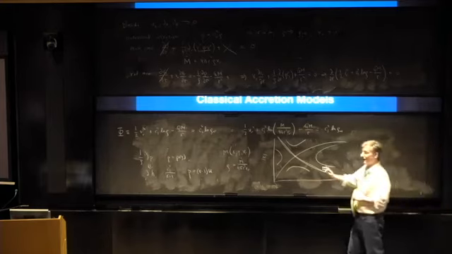This gives GM over r squared minus 2 cs squared over r at the saddle point. So that implies that the critical radius is 1/2 GM over cs squared.